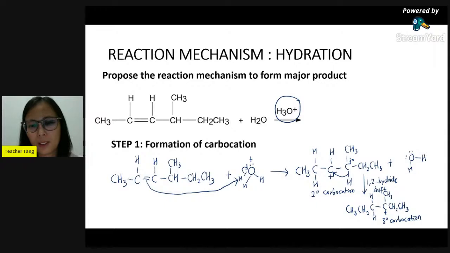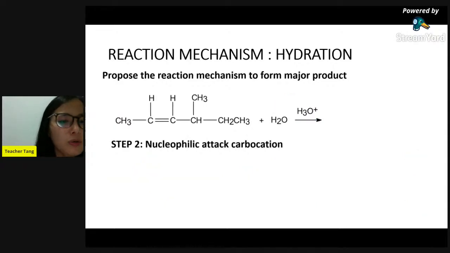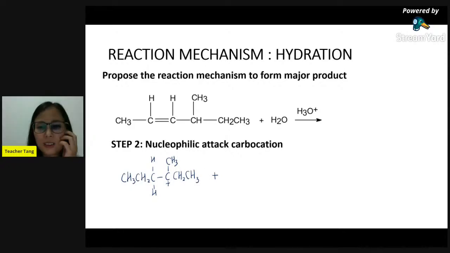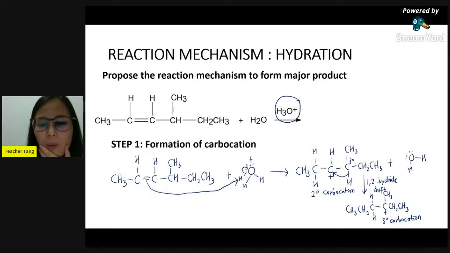And then step number 2, the tertiary carbocation will be attacked by water. Okay, so you also can see from here, in step number 1 we won't get water as a byproduct. So this one will be used in the reaction in the next step.